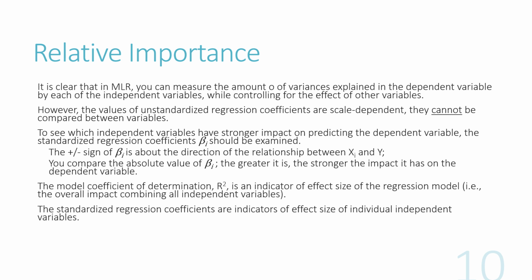Effect size is another crucial aspect. In multiple regression, R-squared serves as an indicator of the model's effect size. Standardized regression coefficients represent the effect sizes of individual independent variables.